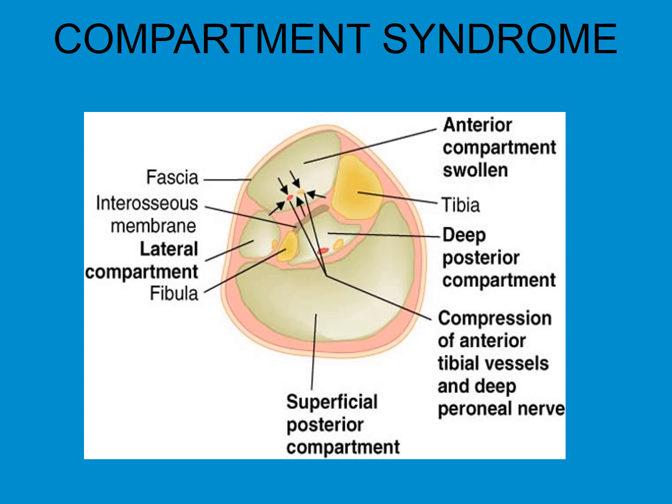Compartment syndrome is the next complication that we should be mindful of. With compartment syndrome, there's increased pressure within one or more of the compartments, which is causing massive compromise of circulation to the area that was affected.